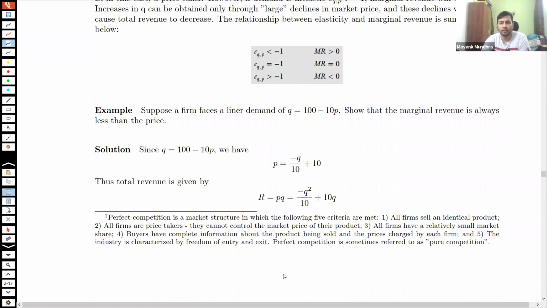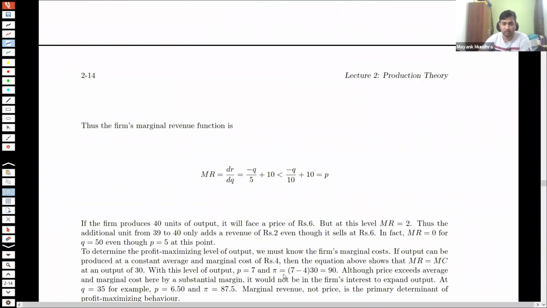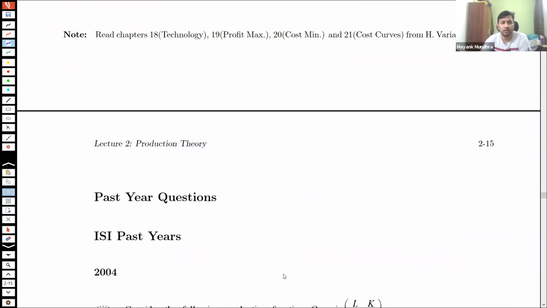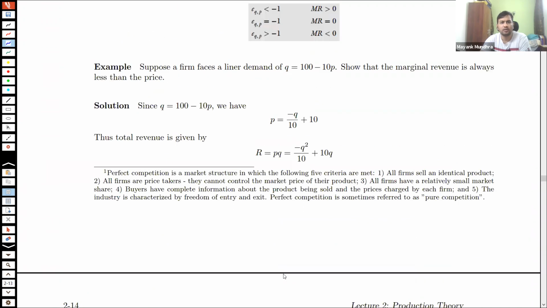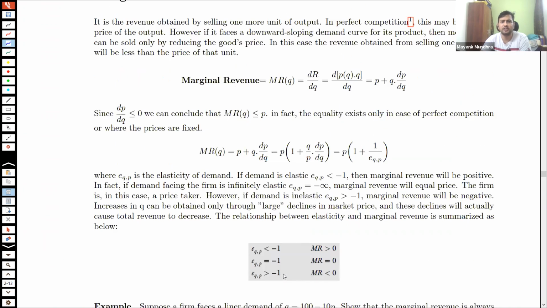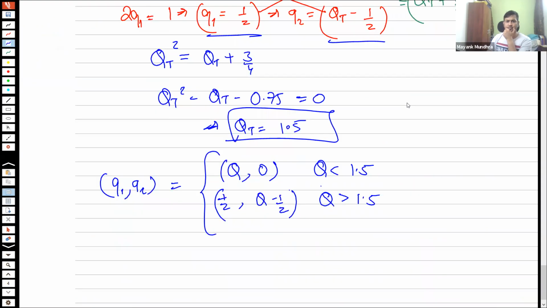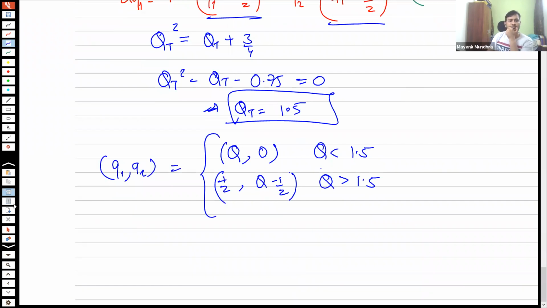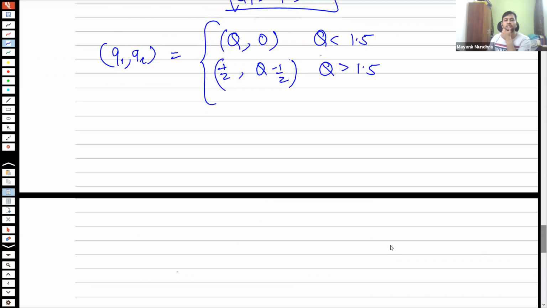All right, a word about marginal revenue. So marginal revenue is basically, revenue is P of Q into Q. All right.